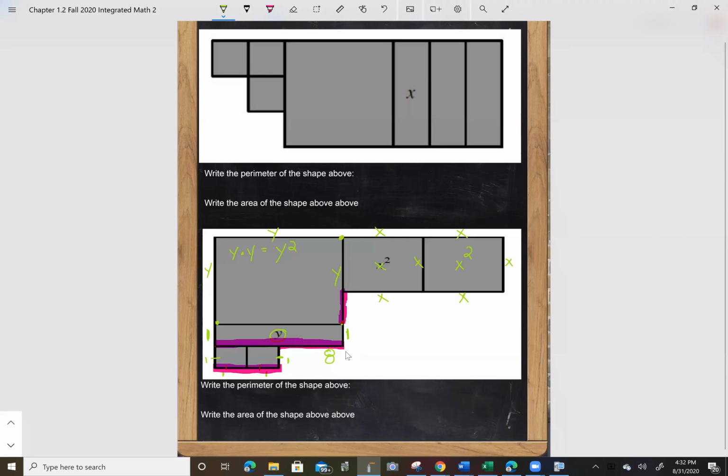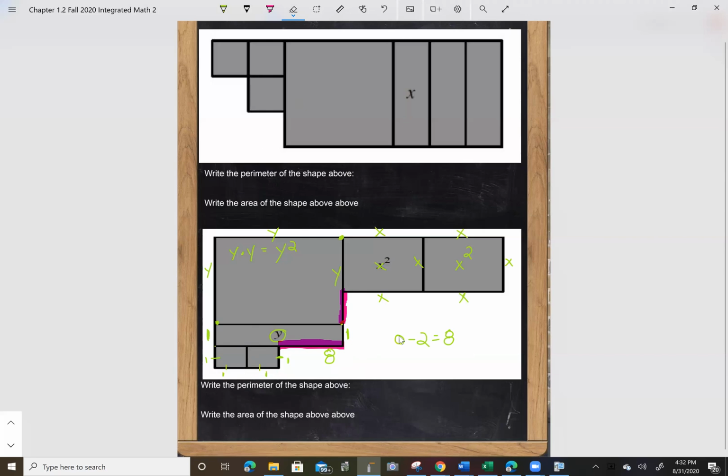The way we got that 8 mathematically was 10 minus those 2 blocks we already knew were there, which was 8. But again, it's not 10, it's just y.